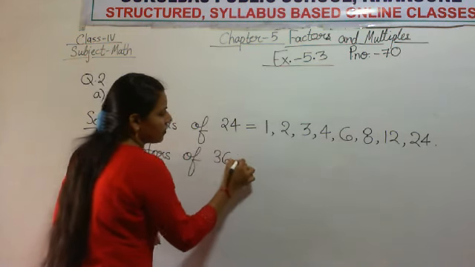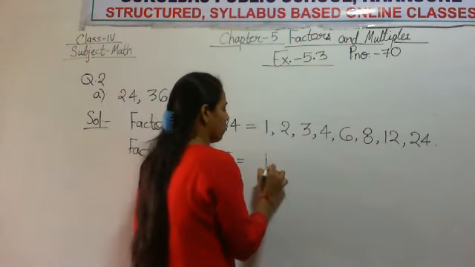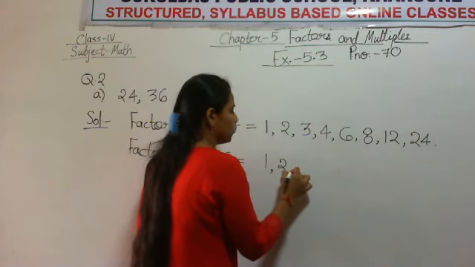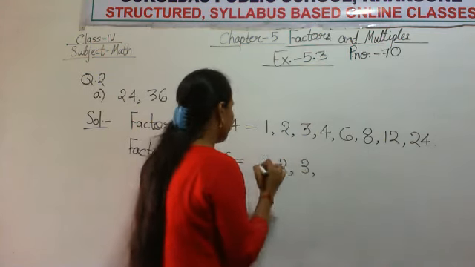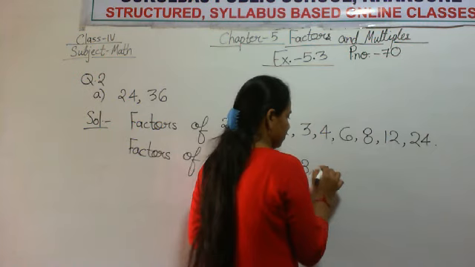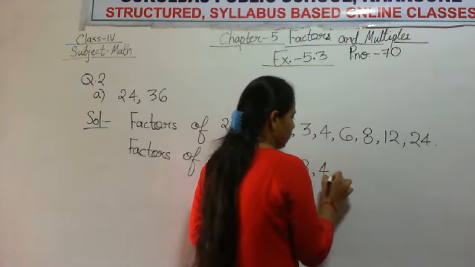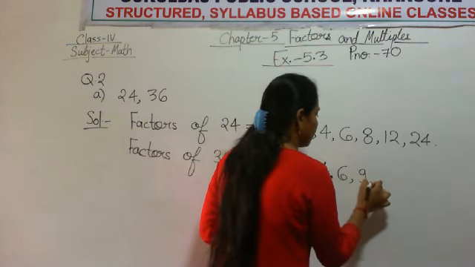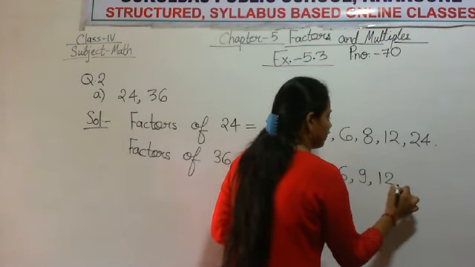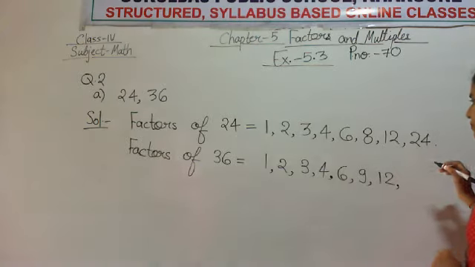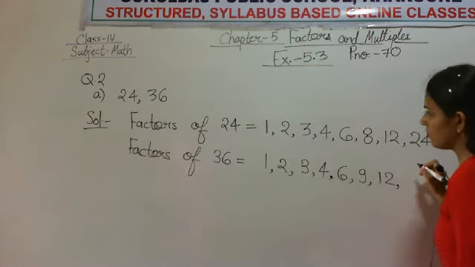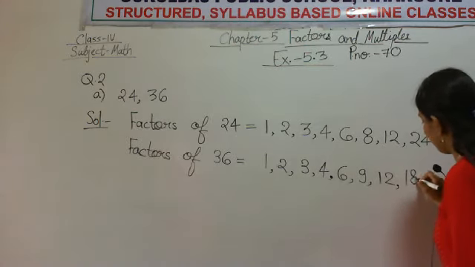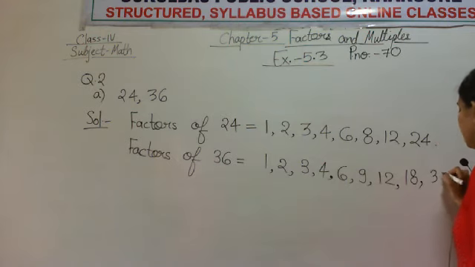Factors of 36 equals 1, 2, 3, 4, 6, 9, 12, 18 and 36. Right? We have written the factors for both the given numbers.